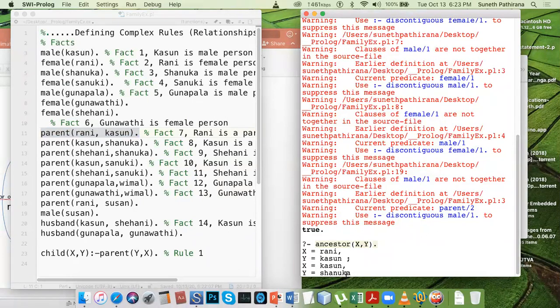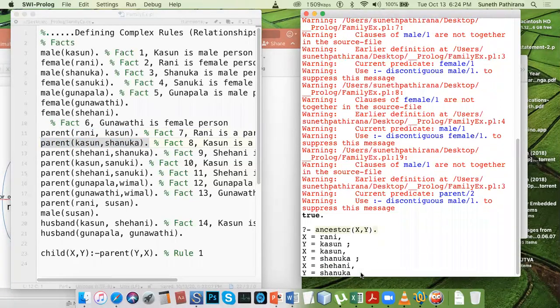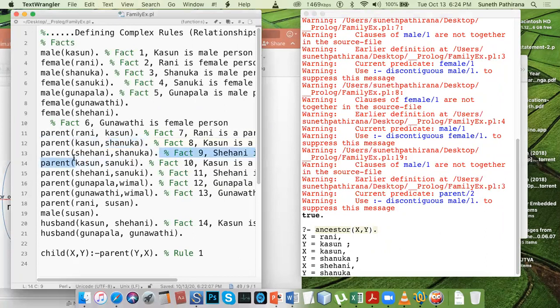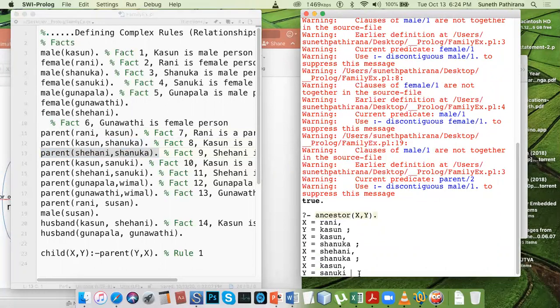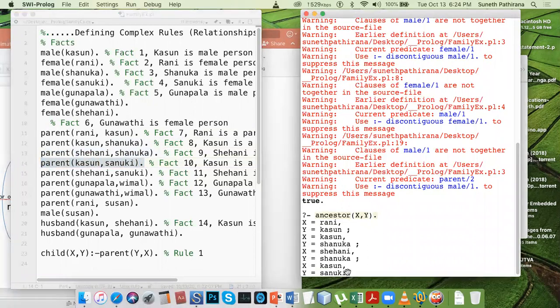Kasun and Shanuka. Yes, due to this parent relationship, we can infer. Shihani and Shanuka. Yes, Shihani is the mother of Shanuka. Kasun and Sanuki. Yes, Kasun is the parent of Sanuki.